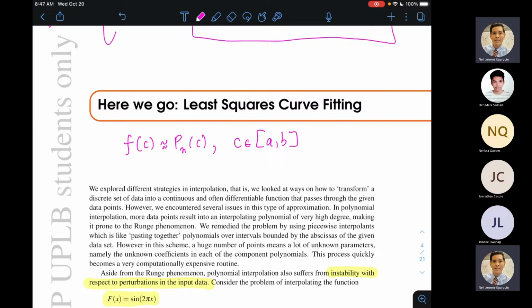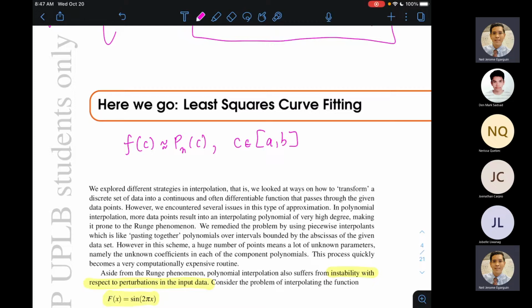So kung ang smallest node mo ay A, ang biggest abscissa mo ay B, hindi ka nalilimit dun sa closed interval AB. Alright? So pwede mong gamitin yung curve fit in order to extrapolate or to approximate a value beyond the interpolatory interval.